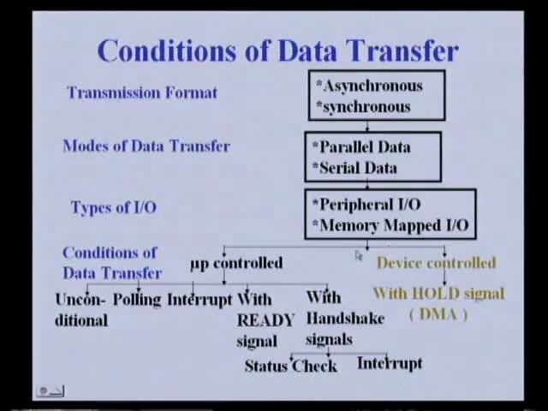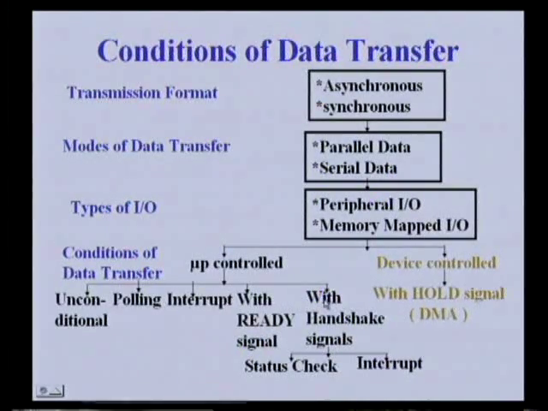Then it simply activates the ready pin. Then the microprocessor introduces extra T states. As a result, the execution time will be increased. So, during that extra time, the device can safely transfer data. So, that is the importance of data transfer with ready signal.